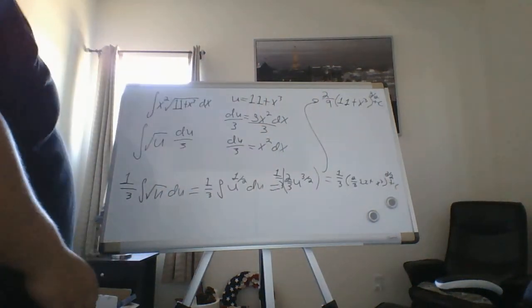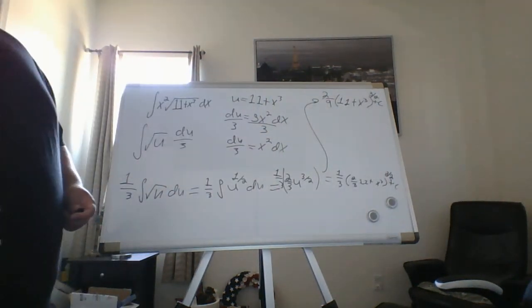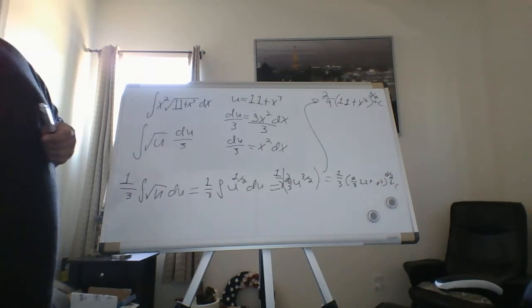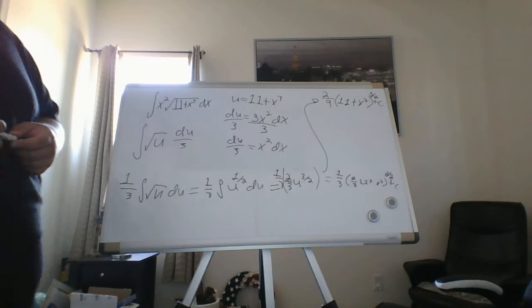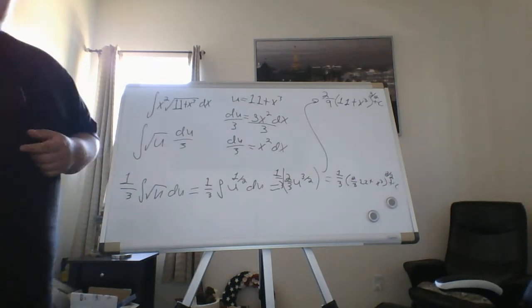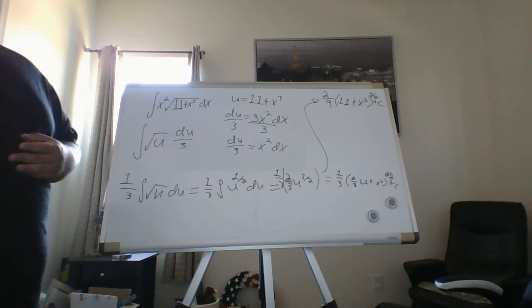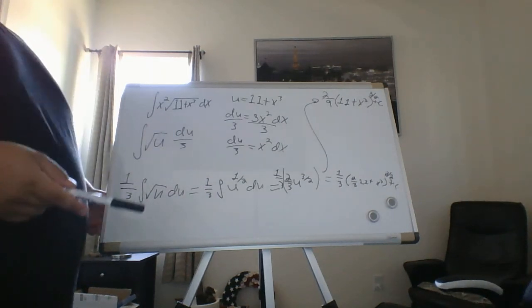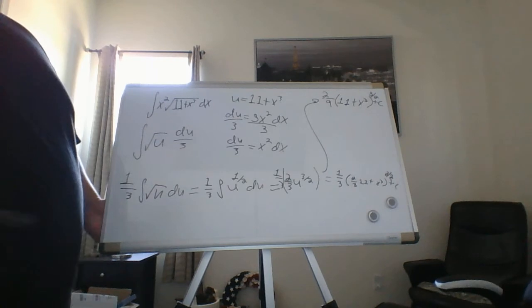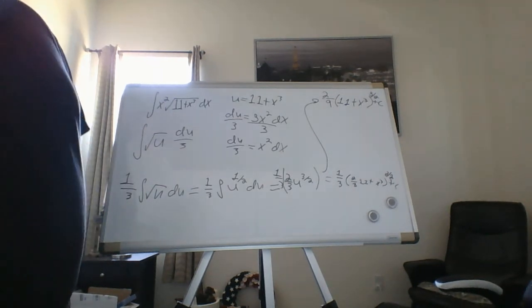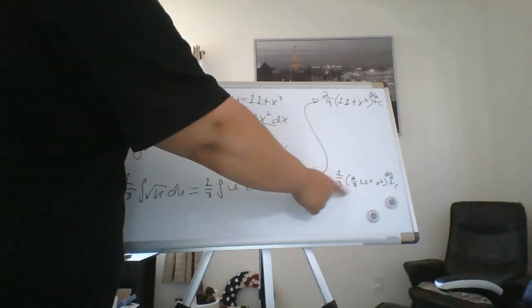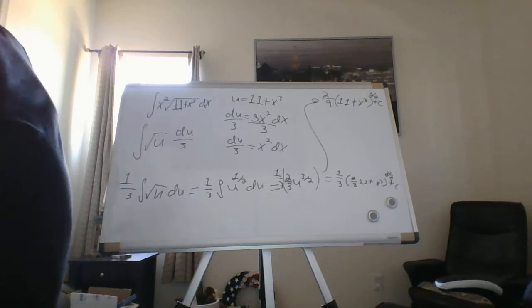Either one of these is correct. I like the simplified version because it's not as many fractions. But if your teacher or your computer or any other textbook problem wants it, they probably just want it in this form right here. So just put it in that form.